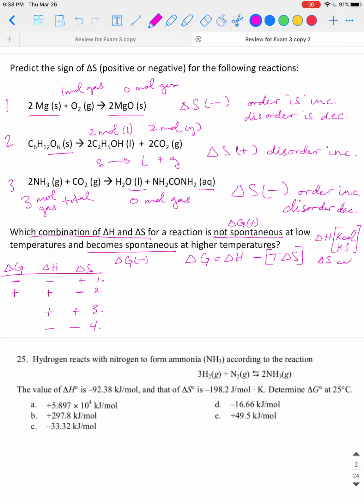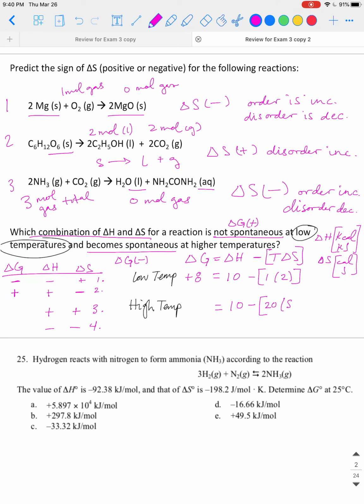So now let's do a high temperature scenario and see what happens. I'm not going to change my numbers of delta H and delta S. So I'm going to plug in 10 for delta H. Let's crank up the temperature though. Let's make it 20. That's a high temperature compared to 1.